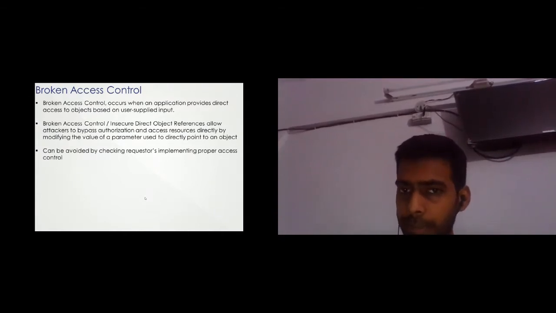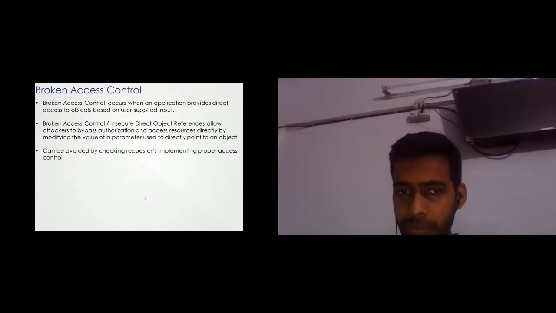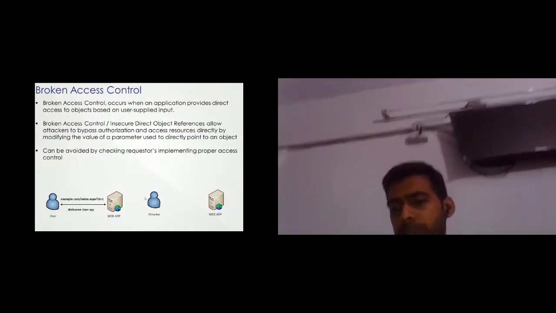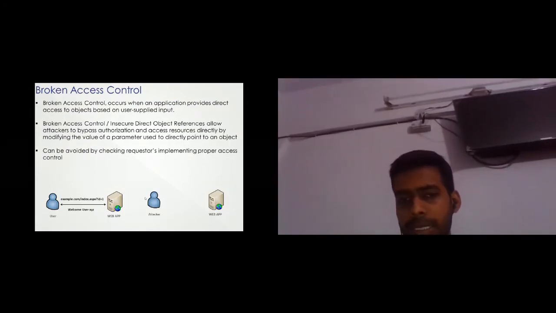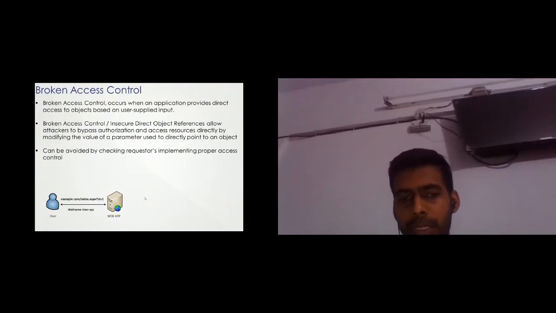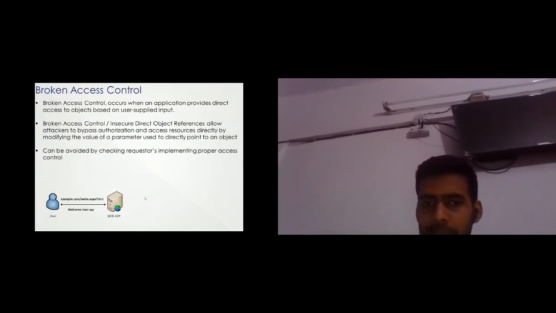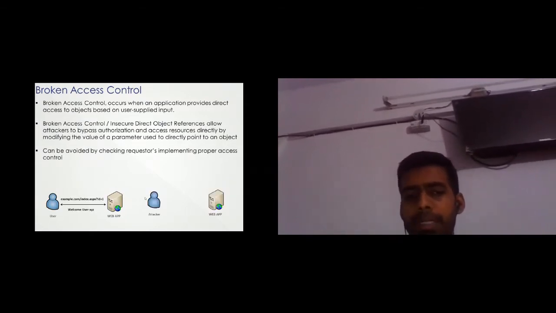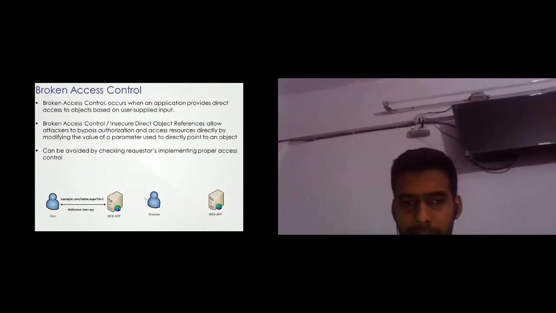The dummy code we are going to look into is quite similar to the previous one. Just before we go into the code, here is an illustration. Let's say a user tries to access the following URL, example.com/index.asp?id=1, and the server responds back with welcome user XYZ.